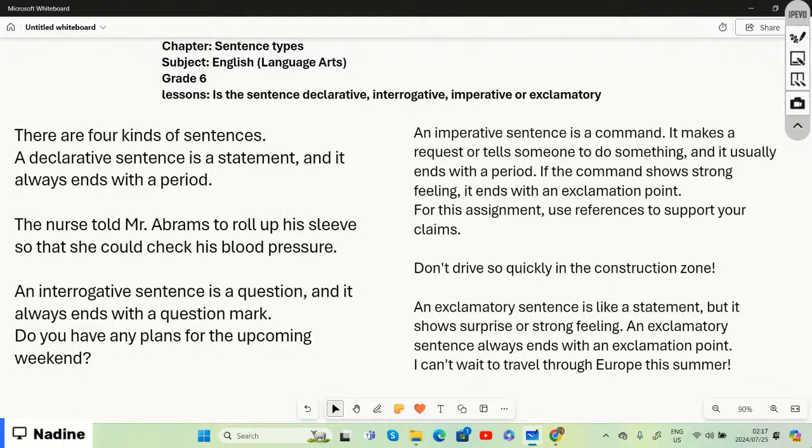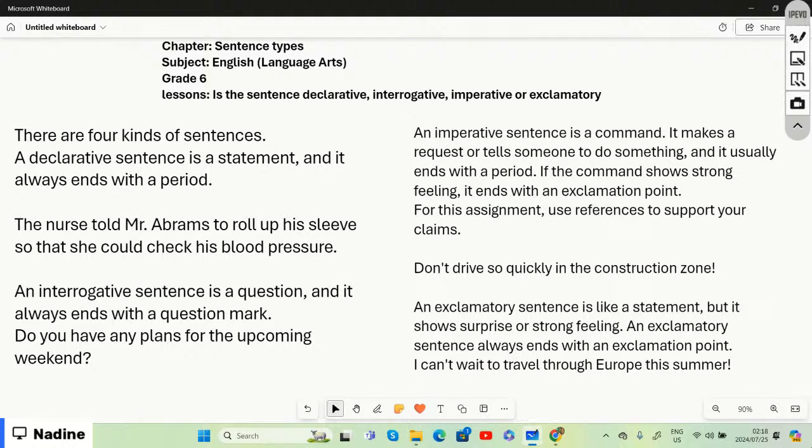Then the imperative sentence is a command. You're basically requesting or telling someone to do something, and it ends with a period unless the command is quite strong, and then it ends with an exclamation point.